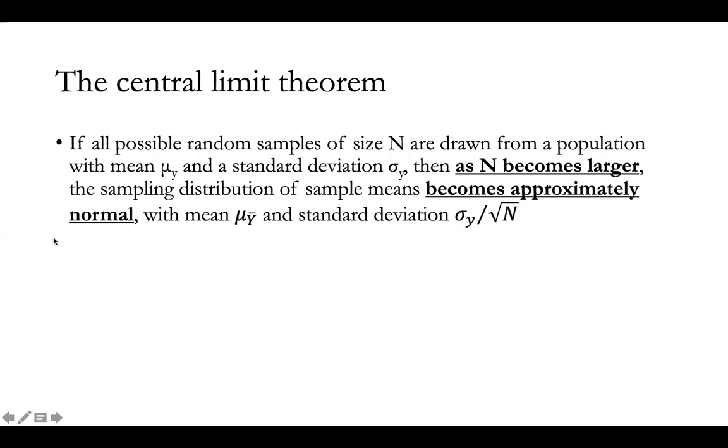What does this mean? You may have heard of this as the law of large numbers. The more observations we have, the more we think the sampling distribution of our sample means is going to resemble a bell curve, an approximately normal distribution.